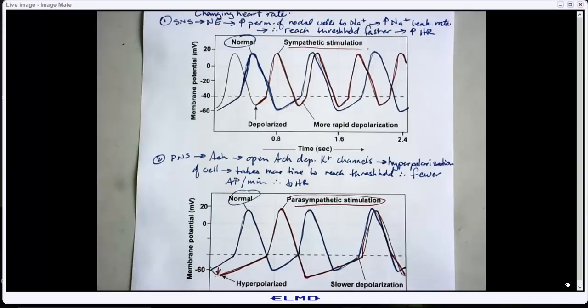Okay, so this is us thinking about our tool, the SA node, and how it changes heart rate, looking at our tool and how we can change our tool. So the second piece of tissue that we need to think about in terms of changing this piece of tissue that we've been talking about into a pump, now that we've got the electrical system set in place, is the contractile system.